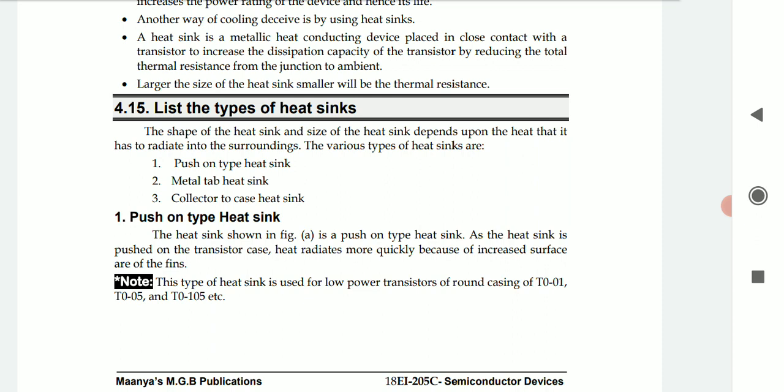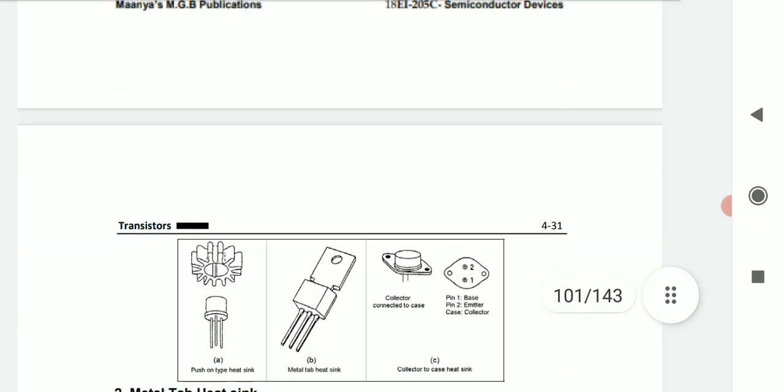Here some of the types of heat sinks are given. According to our syllabus, three heat sinks are given: push on type heat sink, metal tab heat sink, and collector to case heat sink. Push on type heat sink, you can see the figure here.